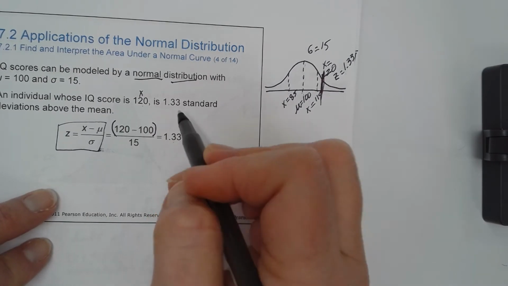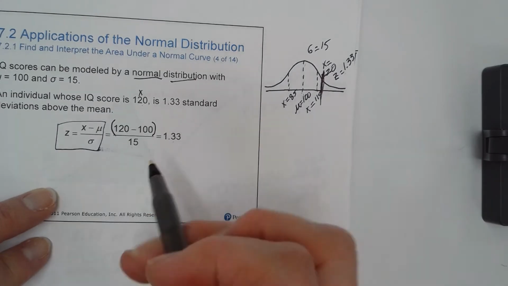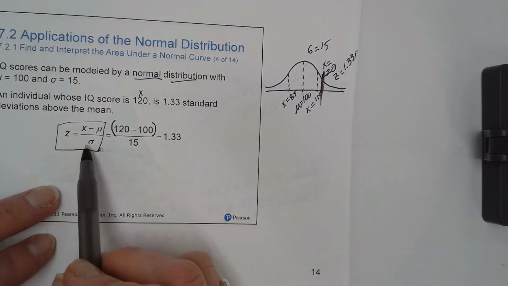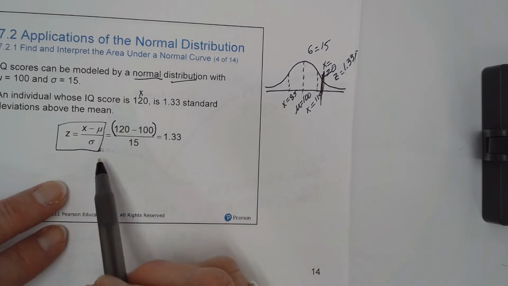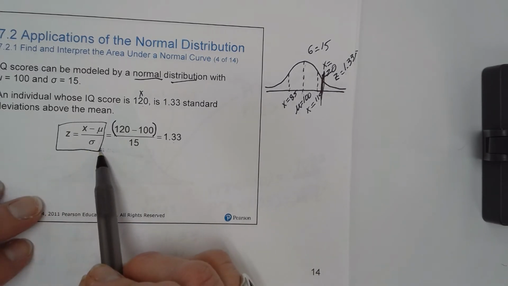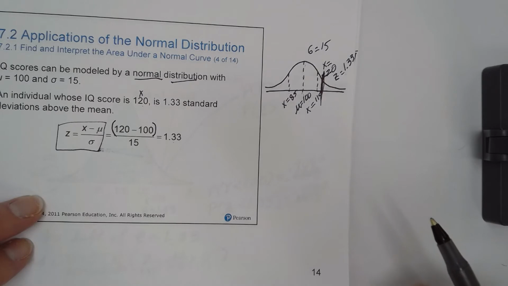Every x value, you find the corresponding z-score, or how many standard deviations it is away from the mean, by using this formula. Okay, any questions on that? All right.